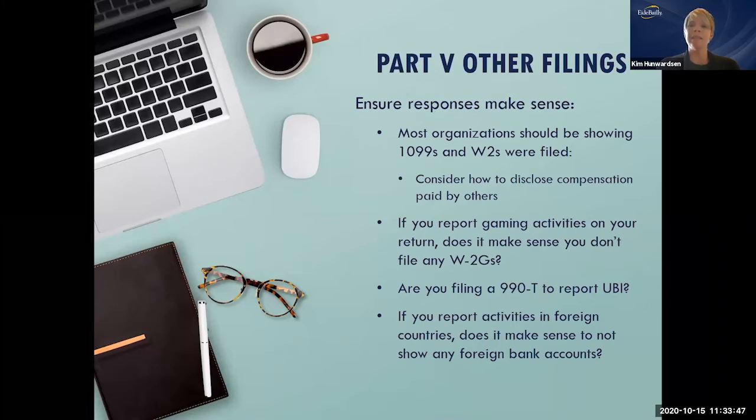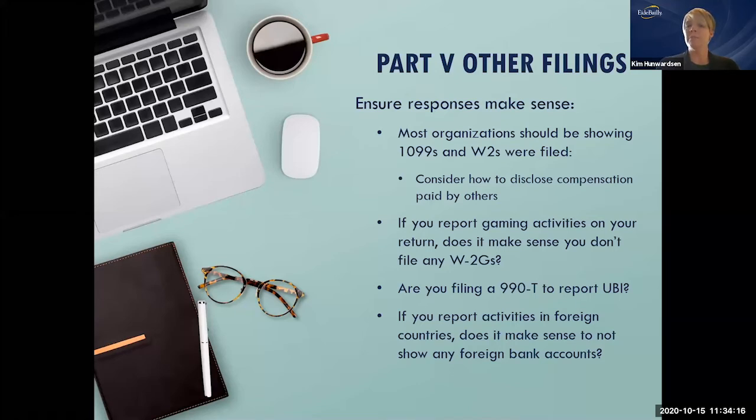If I see a tax return that has compensation being paid to the officers, and there's a 0 in the 1099 and the W-2, that's going to raise a question to me. Sometimes that makes sense. Sometimes the compensation's being paid by a different entity, and in that case, it really makes sense to put some explanation in the return so a reader gets that full story.